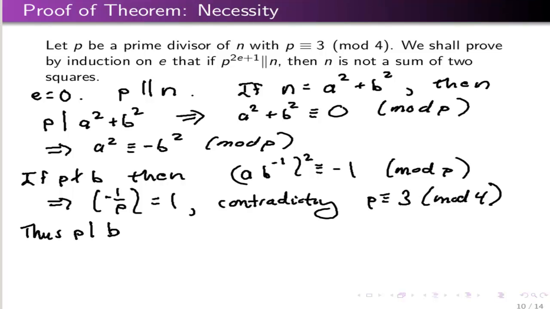Thus P divides b, and so returning to star, we must also have P dividing a. So P divides both a and b, but that would say that P squared divides a squared plus b squared.